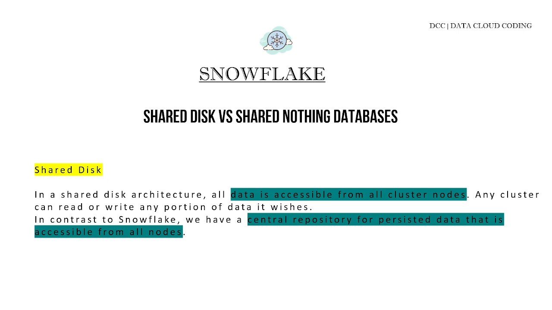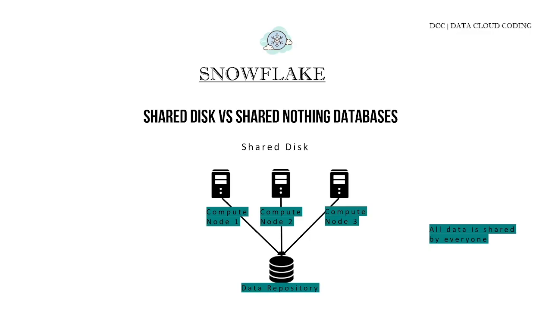How does that come in contrast to Snowflake? In contrast to Snowflake, we have a central repository to store persistent data that is accessible from all the nodes. By nodes, here I mean cluster nodes. In the diagram, we can see that we have a single data repository and multiple compute nodes. All the compute nodes are able to access the data repository, and the data stored in it is shared by everyone.